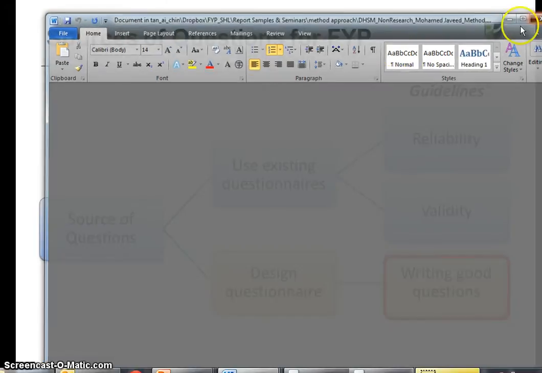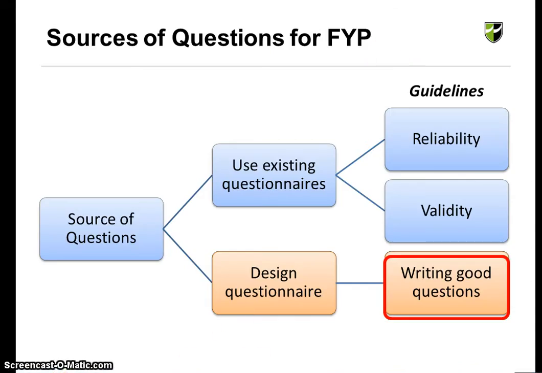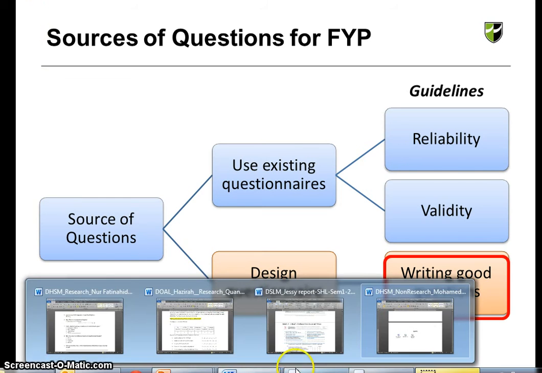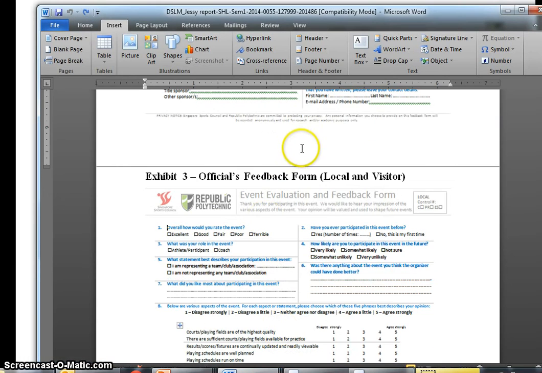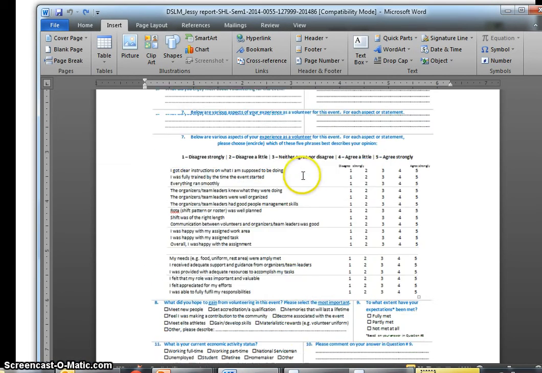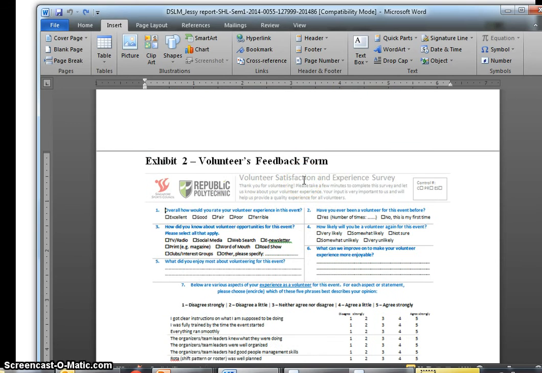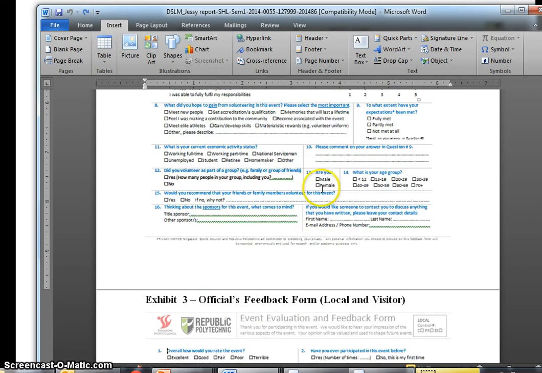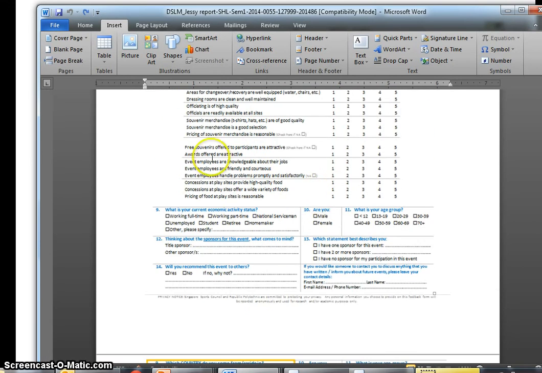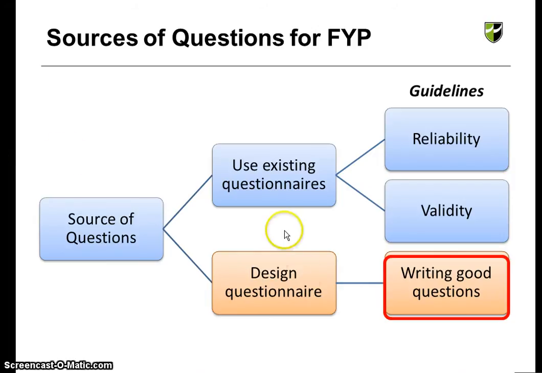Looks pretty simple. And there are also slightly more complicated ones, like this one that was done by the Diploma in Sports and Leisure Management, which talks about volunteer satisfaction. So I've shown you the range of questionnaires that are commonly used in SHL FYP.